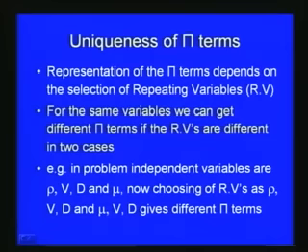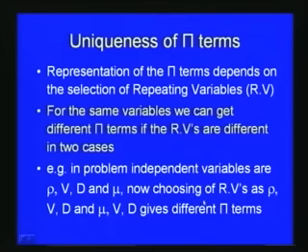Say for example, in a problem the independent variables are rho the density, v the velocity, d the geometric dimension like diameter, length or breadth, and mu the viscosity. Now choosing the repeating variables, rho V d or others give different pi terms.